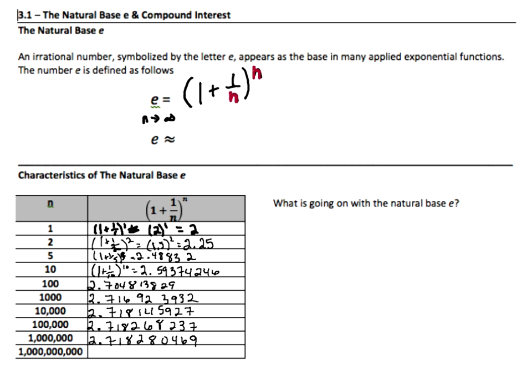And finally, we'll try the 1 billionth power. Okay, so tenths, hundredths, thousandths, ten-thousandths, hundred-thousandths.